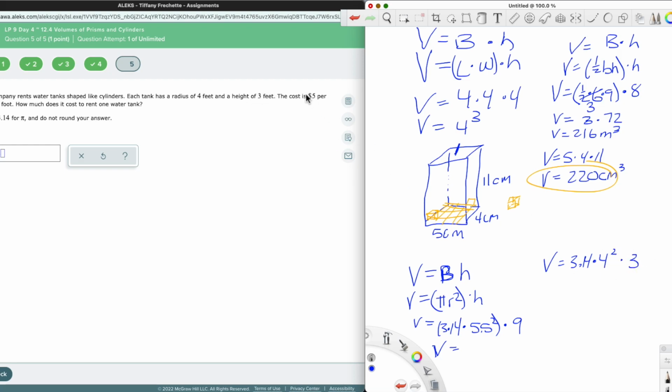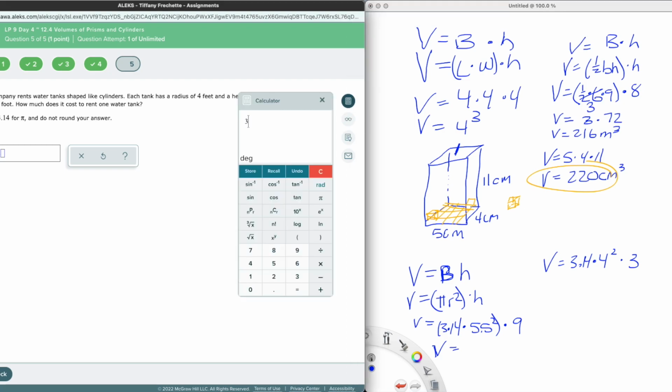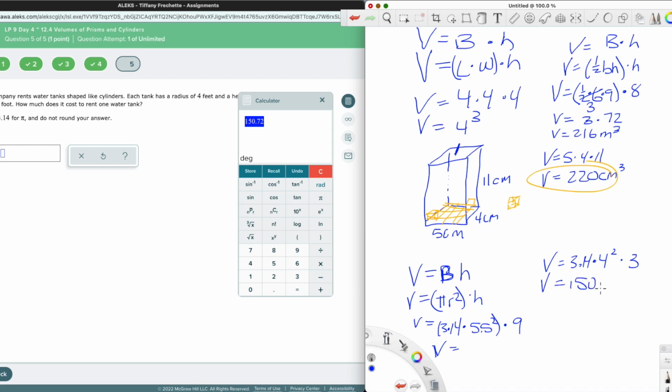So let's come over here and we're going to go 3.14 times 4 squared times 3. All right, so the volume of the tank is 150 and 7/200 cubic feet, or feet cubed. So that's how much water this tank can hold.